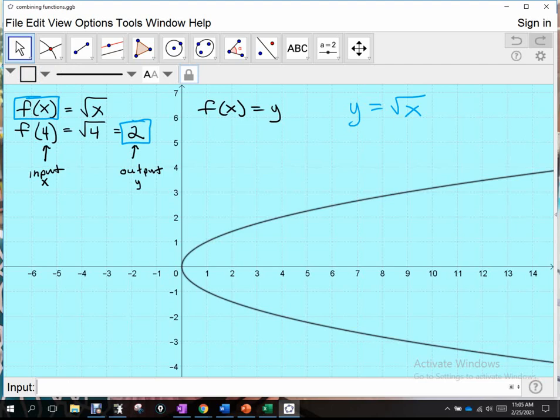Now, if I ask everybody to look at the x value of 4, which should be right here, correct? And I asked you, what is the y value that goes with 4? Would some people say 2? And would some people make the argument that the y value that goes with 4 is -2? Those are different values, right? So in that situation, this is not a function.